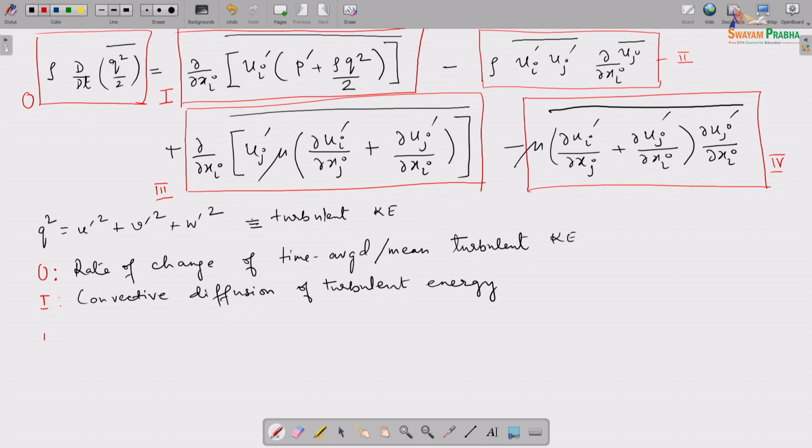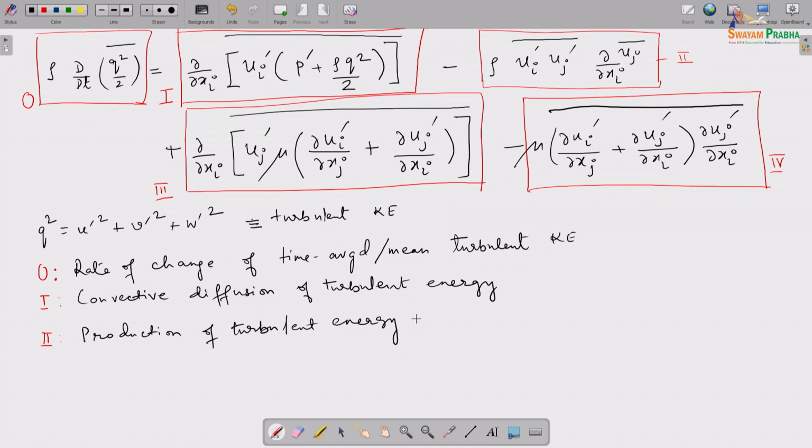Then, what is this? We shall discuss this a little later on, so as of now I'm just going to write this out. This is the production of turbulent energy.